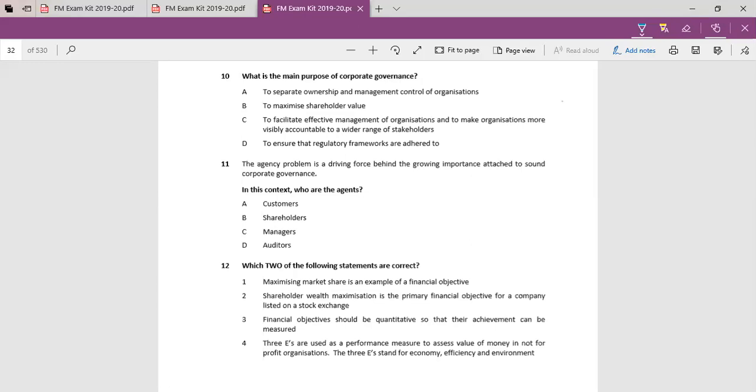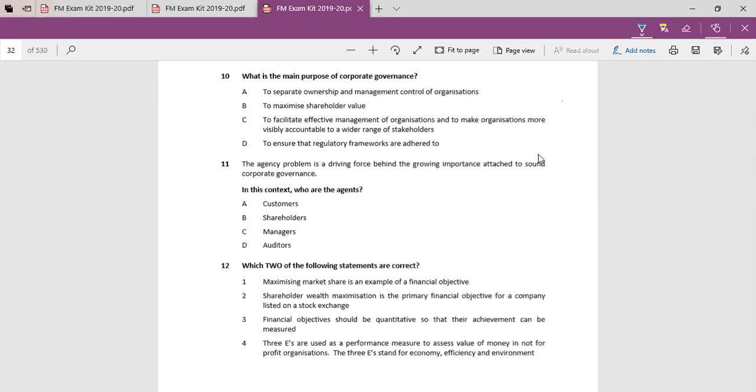C and D, both of them are correct, but the scope is much narrower in D. C talks about a wider range of the governance aspect. The scope of governance is clearly defined there. D is also part of it. They also have to ensure that the regulatory frameworks are adhered to, but that is only one part of it.